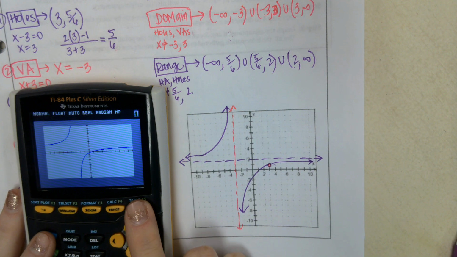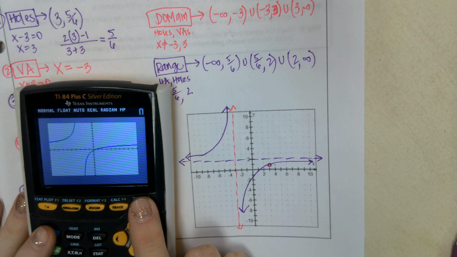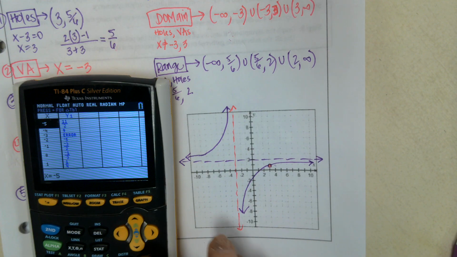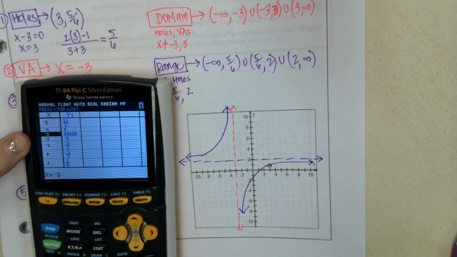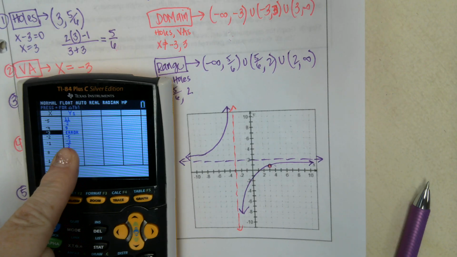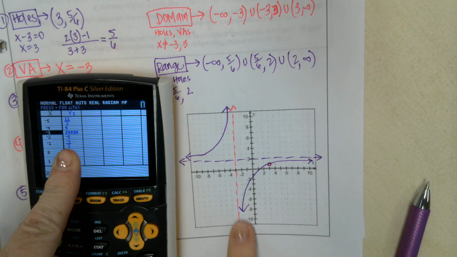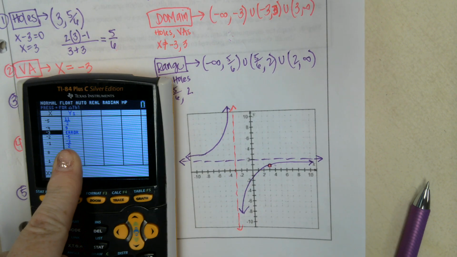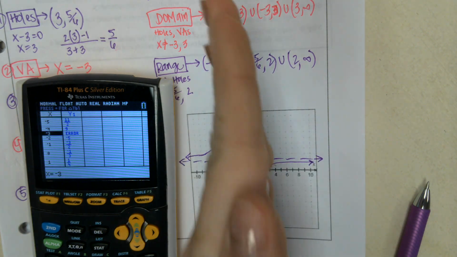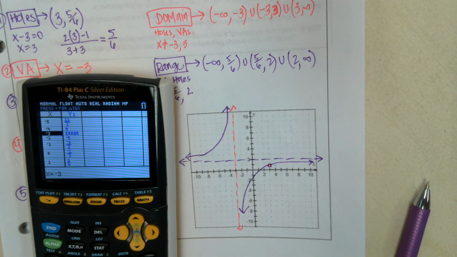Now, if I go into my table of values, I want you to watch this. There's a couple of things that I want you to see. When x is -3, I have an error. Why is there what I would call an error right here? There's an asymptote. It's a vertical asymptote. That is where the denominator would be 0, which is off limits.